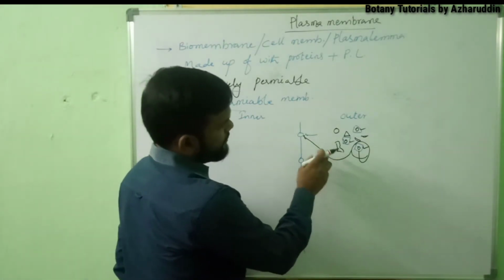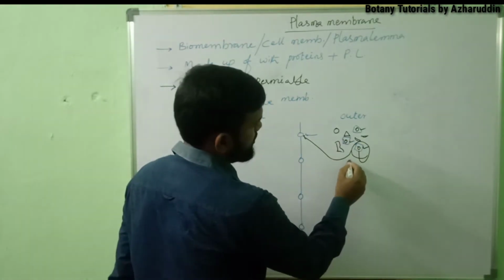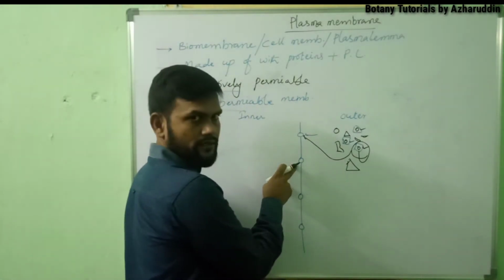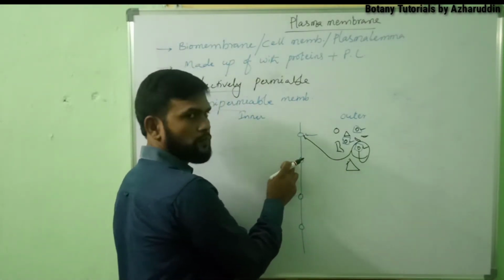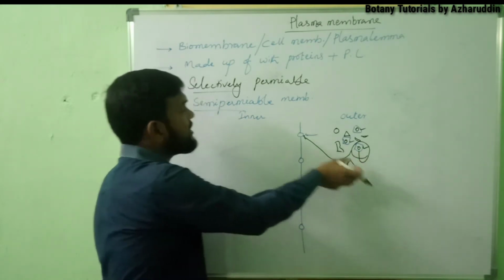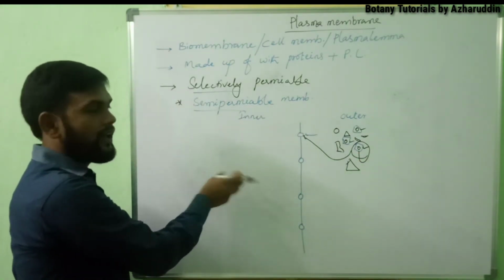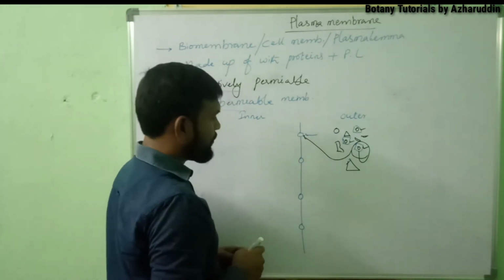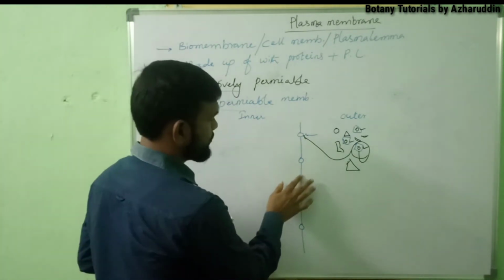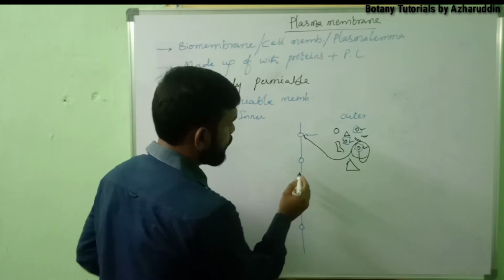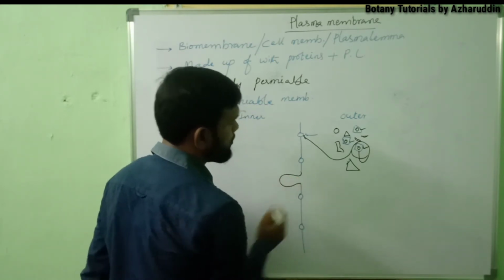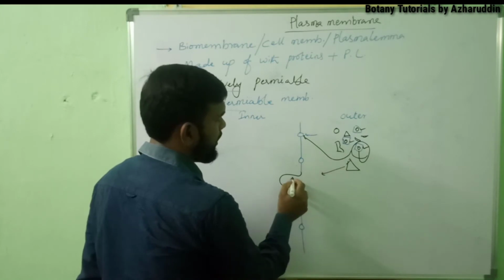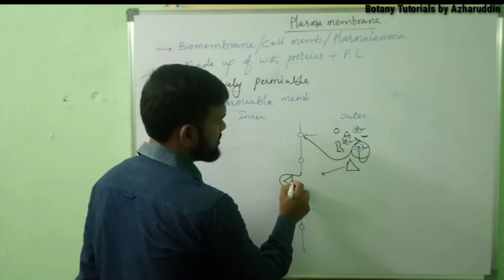In another case, for example, this particle is larger than the pore size, but it is required by the cell. In that case, this plasma membrane forms infoldings, forming a cup-like structure. Then this particle enters into this infolding.